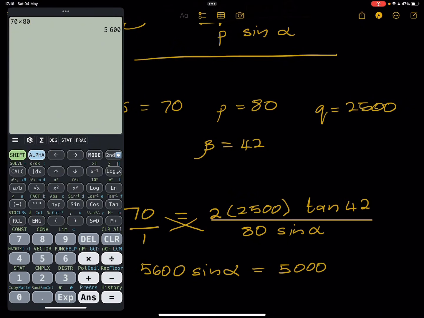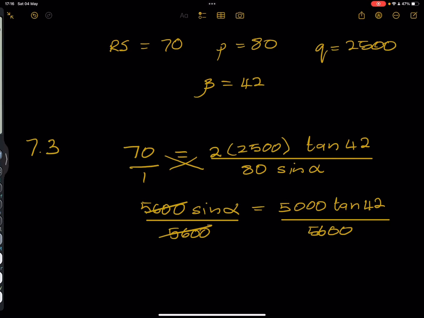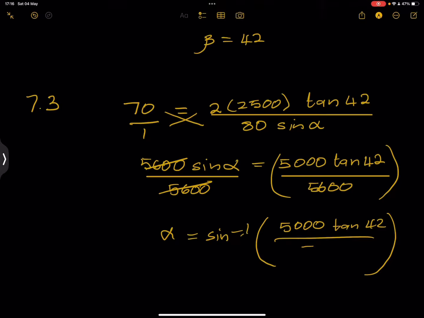5,000, tan 42, okay, and this is divided by 5,600, and this is also divided by 5,600, so that cancels with that. And to find alpha, we are going to take the arctan of that entire situation there, so of 5,000 tan 42 over 5,600.